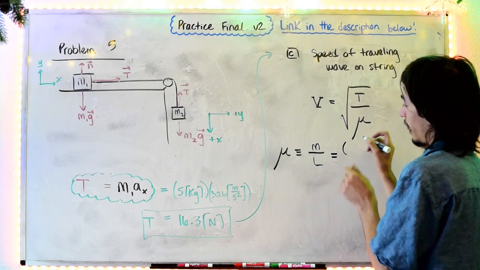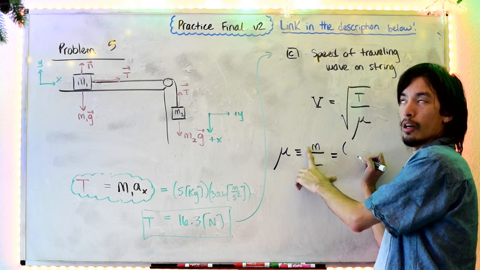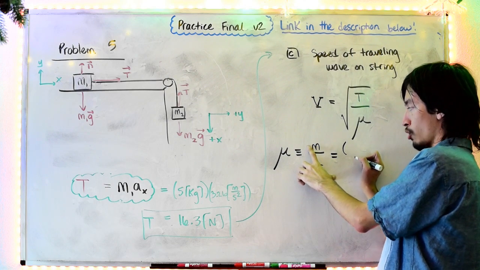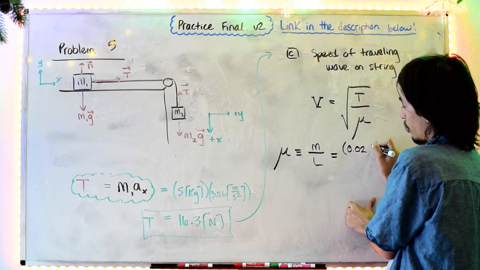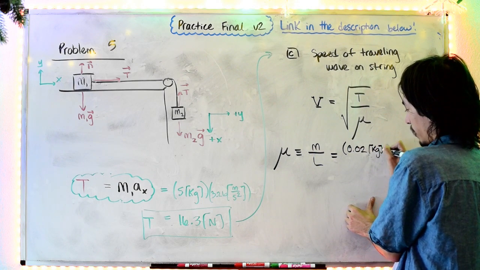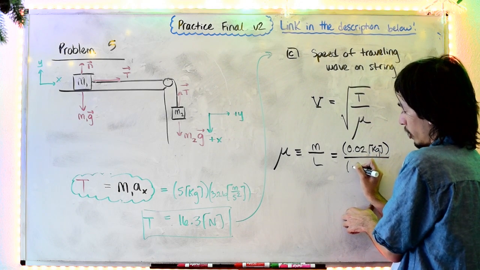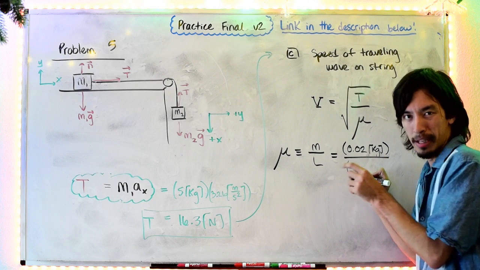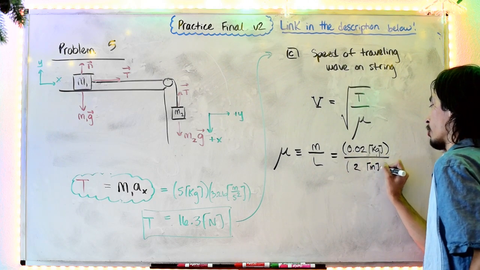So in the beginning of the problem, I told you that the mass of the string was 20 grams, which is 0.02 kilograms, divided by the length for that section, which was 200 centimeters, which is 2 meters in standard units.